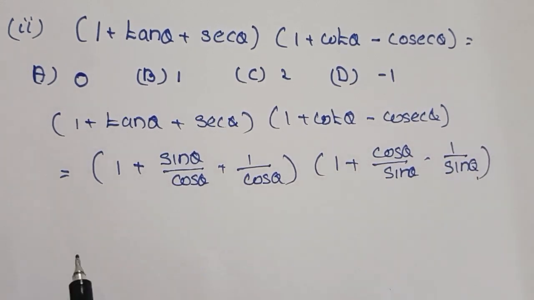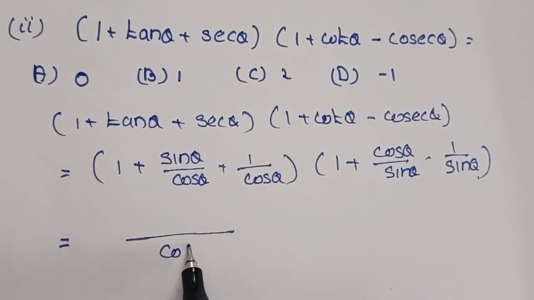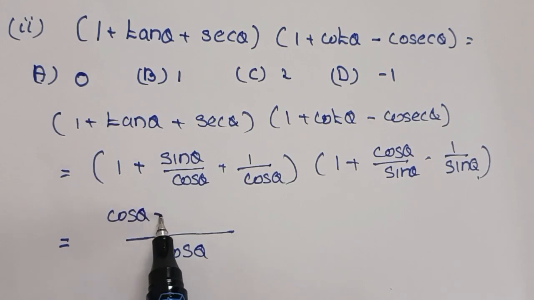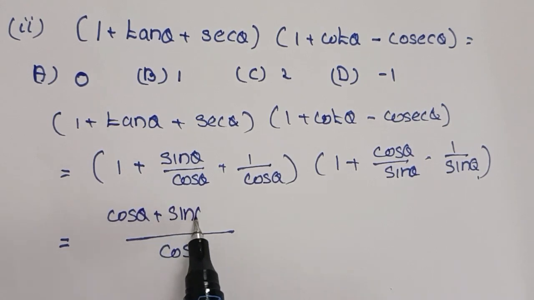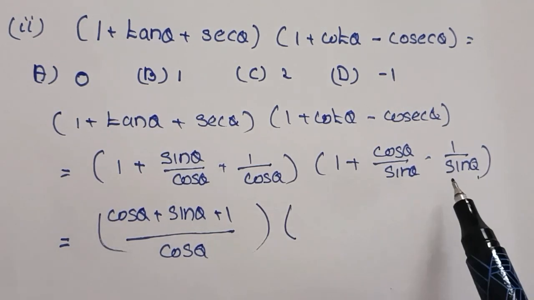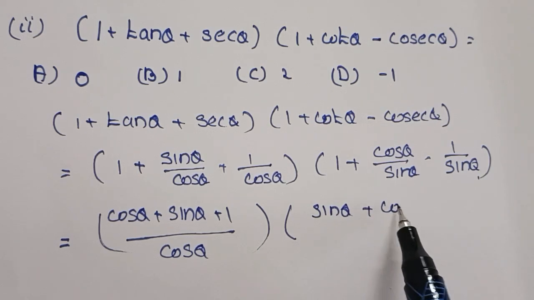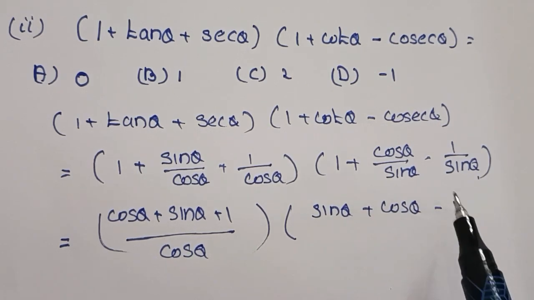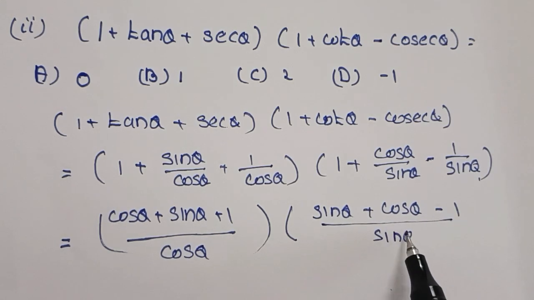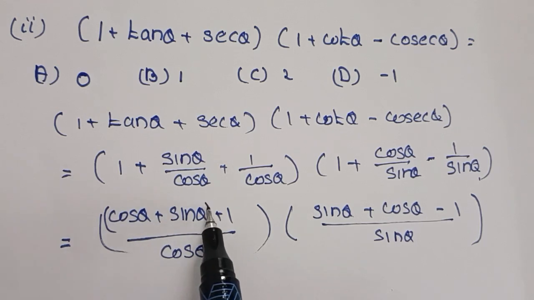Okay. Now taking LCM, first one will become cos theta as the LCM. 1 into cos theta, that is cos theta plus sin theta plus 1, into the second one, after taking LCM, we get 1 into sin theta, that is sin theta plus cos theta minus 1, divided by sin theta. Okay. Take cos theta plus sin theta within a bracket.